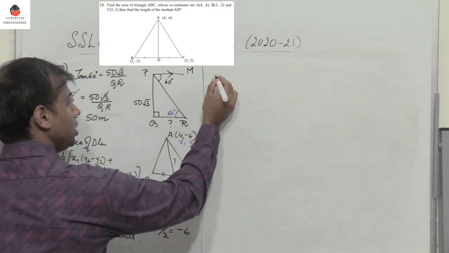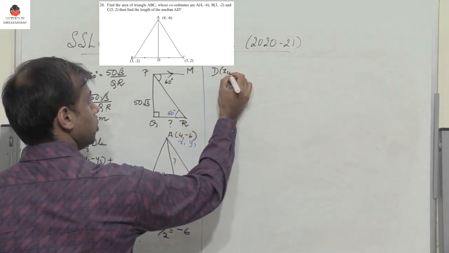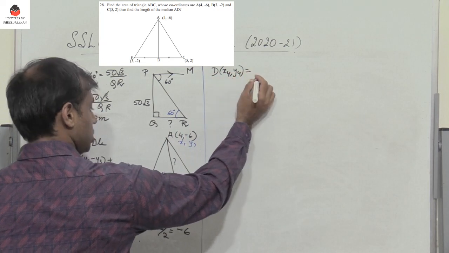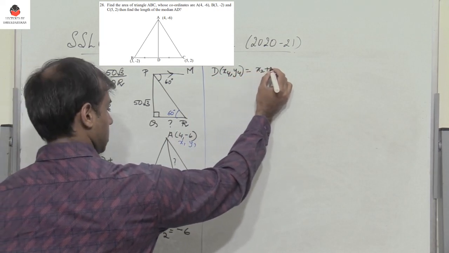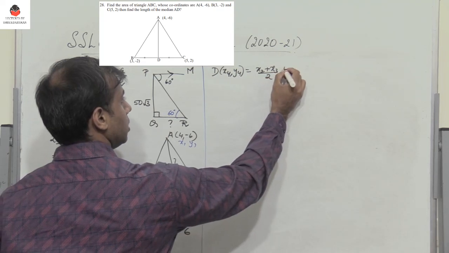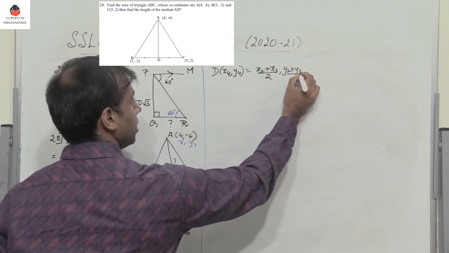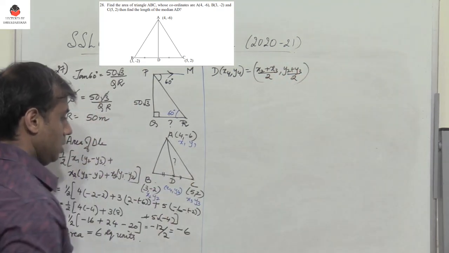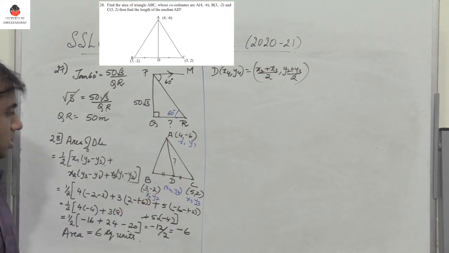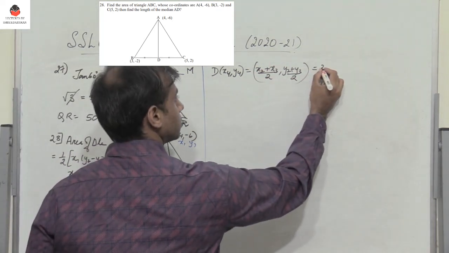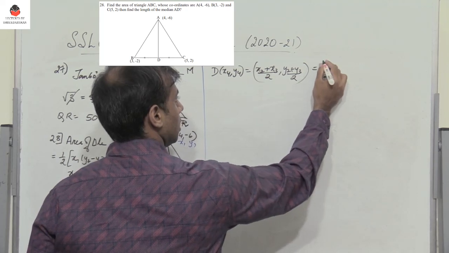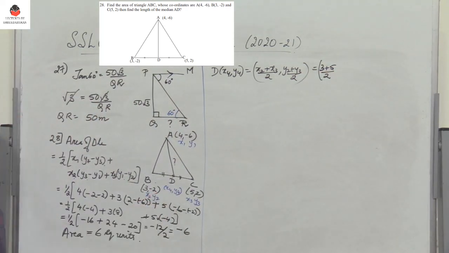So I have point D, which is x4 comma y4, which is (x2 plus x3) by 2, (y2 plus y3) by 2. So what do I get? (3 plus 5) by 2, and you have (minus 2 plus 2) by 2.